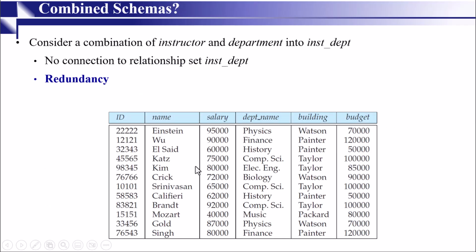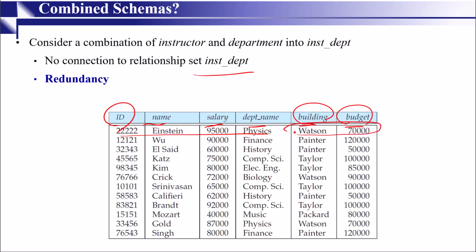Let's look at an example of a combined schema called the inst_dept table, which is a merging of instructor and department data. In this table, you can see we have attributes like ID, name, salary, department name, building, and budget. We have to repeat the department information like building and budget for each professor that we have, right? So for example, Watson is repeated many times.